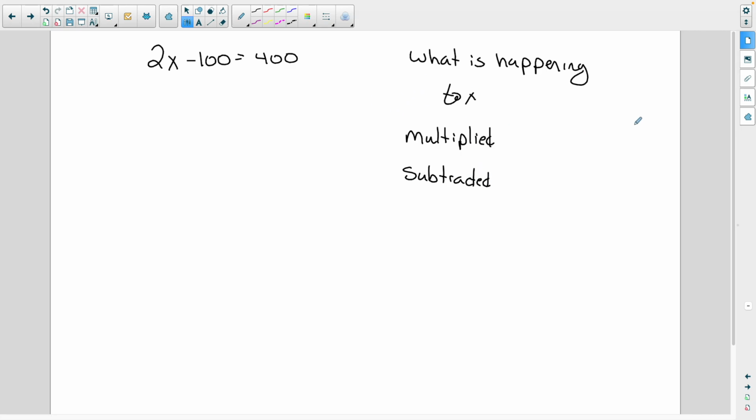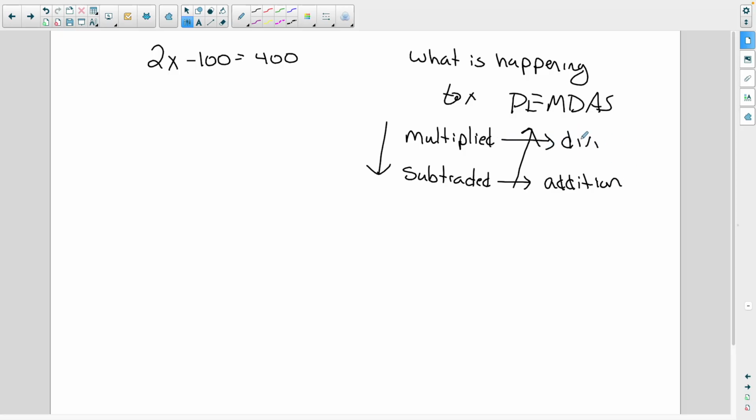So we're doing PEMDAS, right? That's how we get what we have here. If we had what x was, this is what we would do. But when we want to solve for x, we go the opposite direction and do the exact opposite process. So instead of subtraction, we're going to do addition. And then instead of multiplication, we're going to do division. All right, so that's what we're thinking about doing.